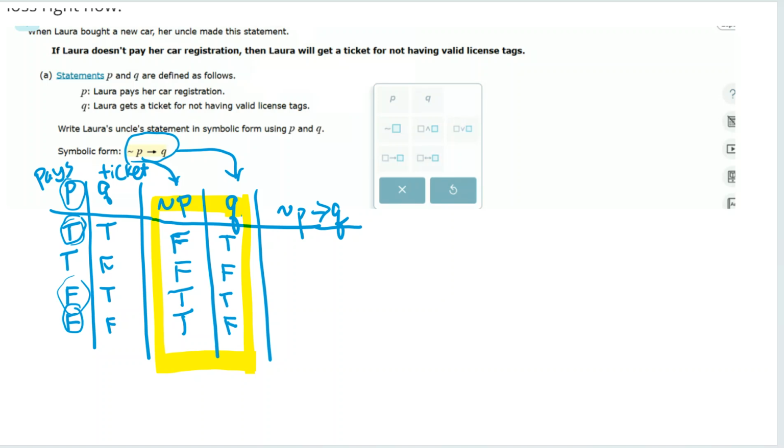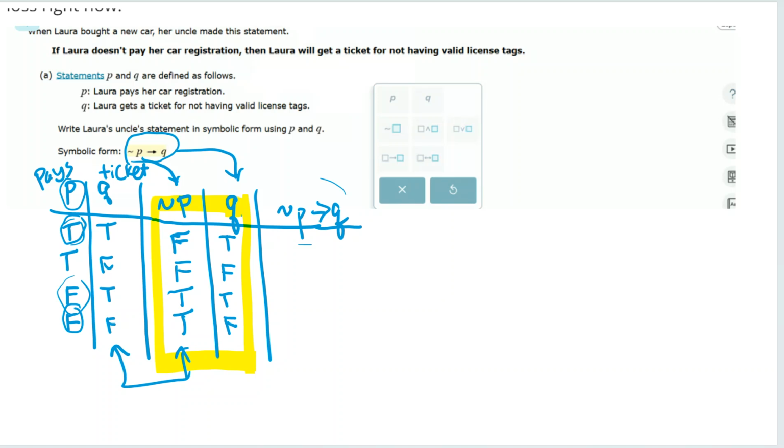I could just use this column and this column together, but for me it's harder when they're not in the right order. So I just rewrote it for my own benefit.